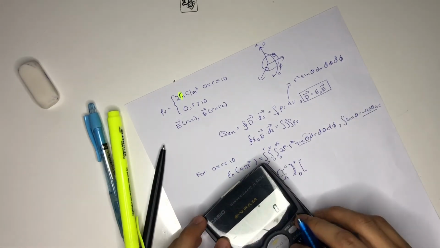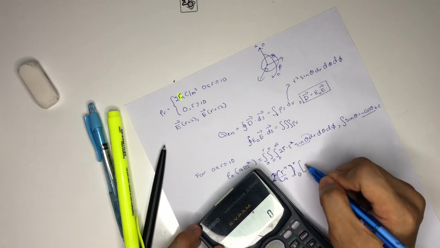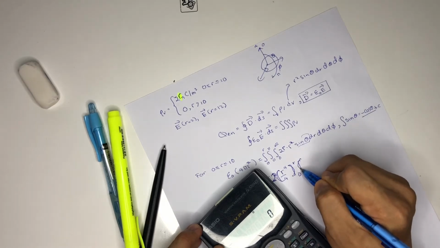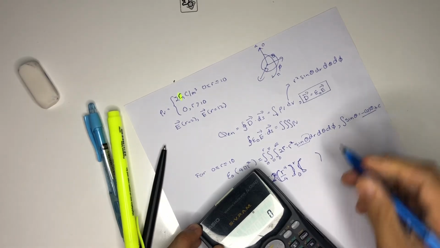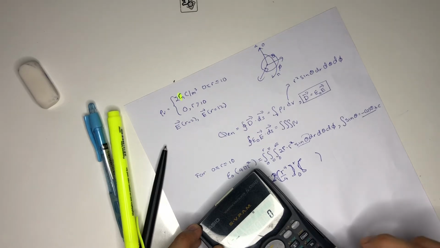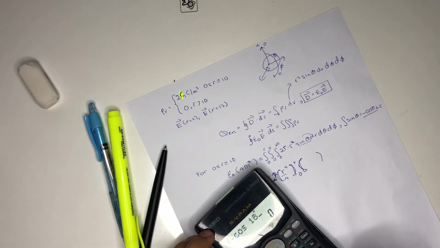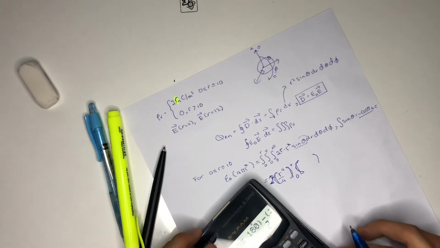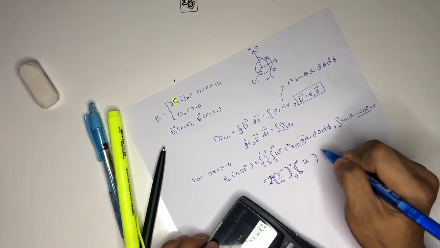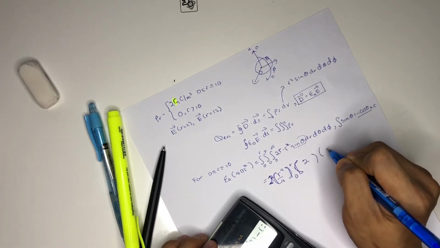You can directly calculate it, so as not to waste your time, it's just simple: negative cos 180 minus negative cos 0. So you get 2. How about phi? Phi is the same.